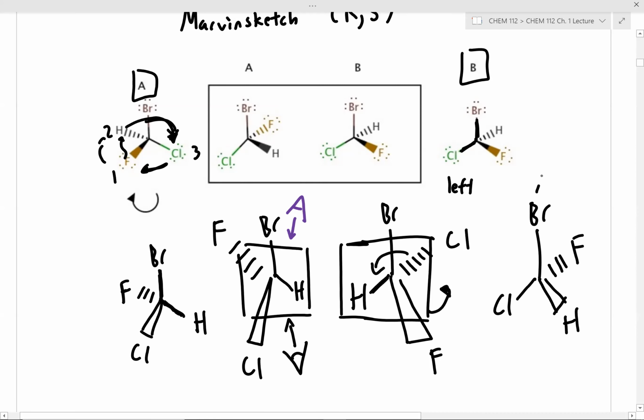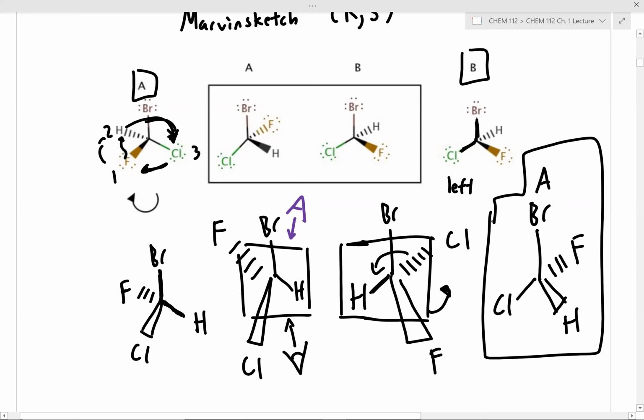So if we compare structure A and structure B, we notice that the relative position of our hydrogens and fluorines are different. So these two structures are enantiomers.